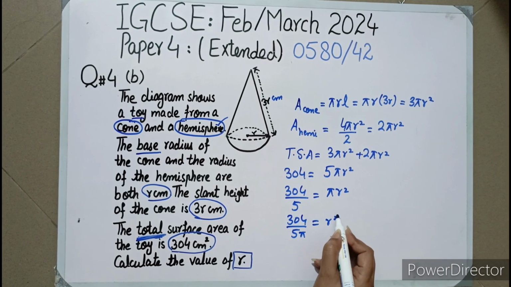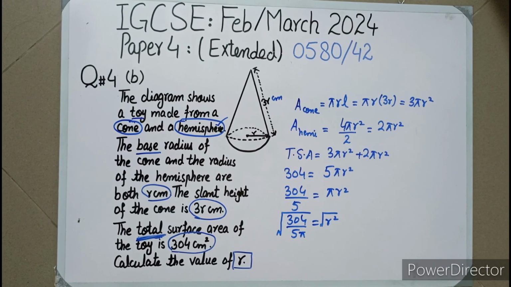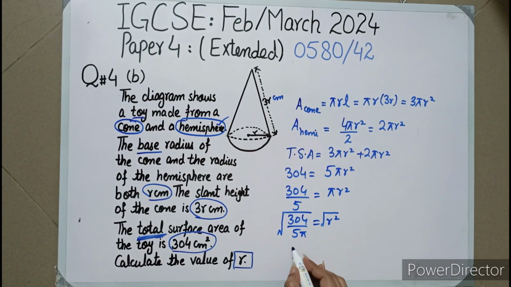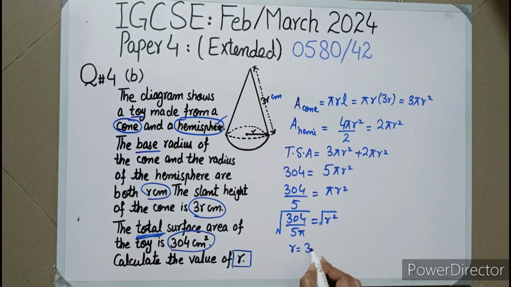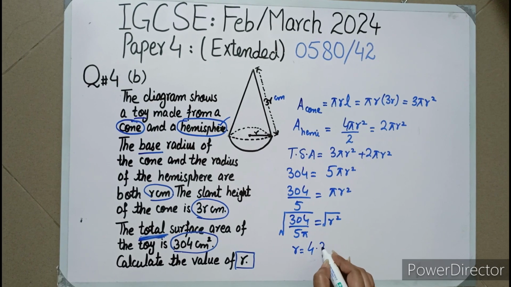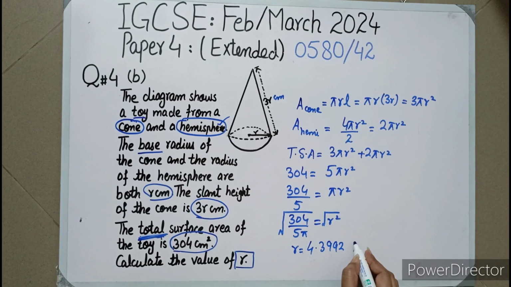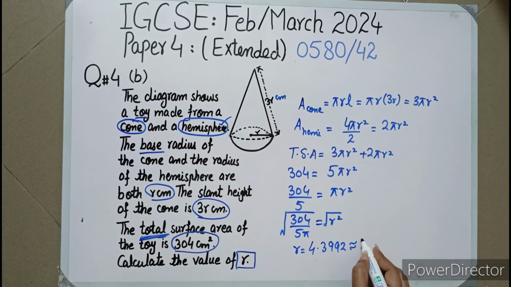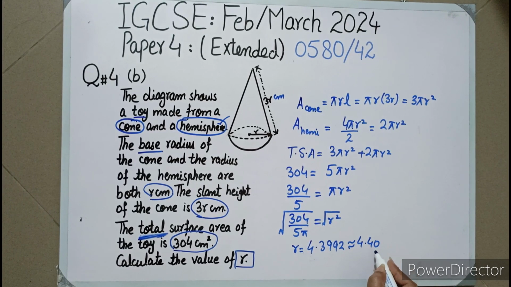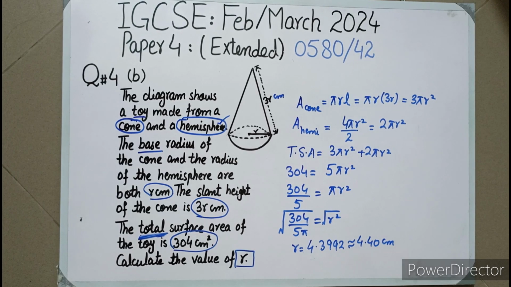Now take the square root in order to get the answer of r. While calculating this on calculator, you will get the answer as 4.3992, that is 4.40 correct to 2 decimal places. This is the value of r, so you have to mention the unit centimeter over here.